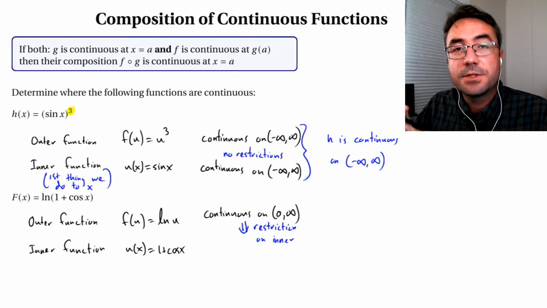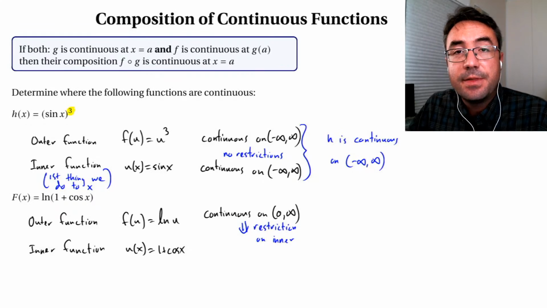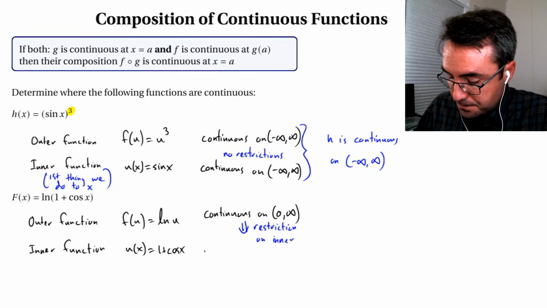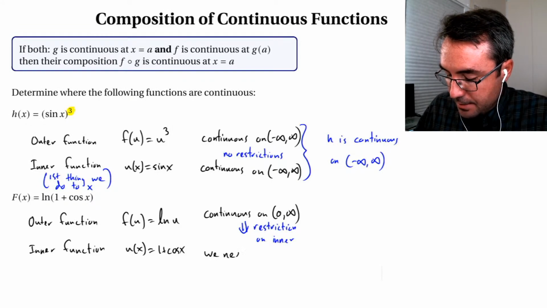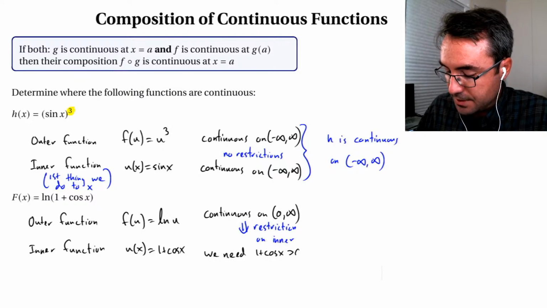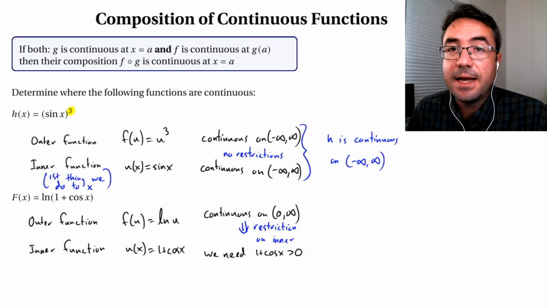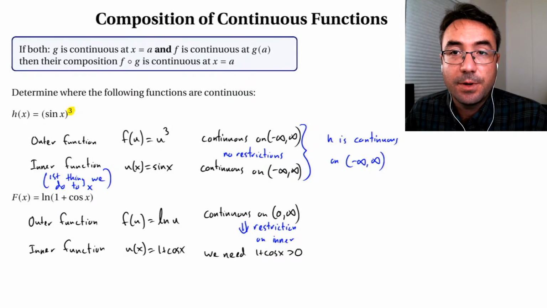And so 1 plus cosine x by itself, that one's perfectly fine. It's continuous everywhere, but we're going to need 1 plus cosine x to be greater than 0. And that's because our outer function is only defined, it only makes sense if the input is greater than 0. So we need the input of that function to be greater than 0.